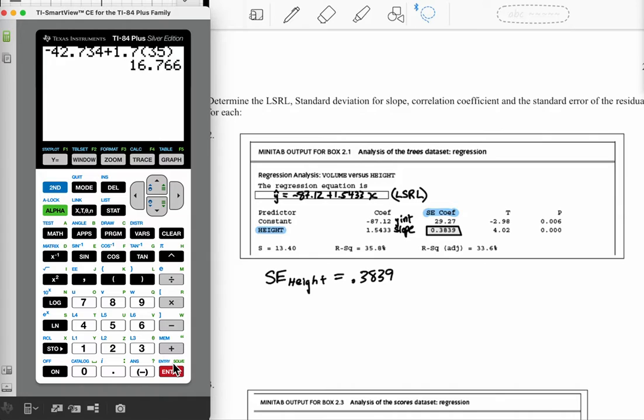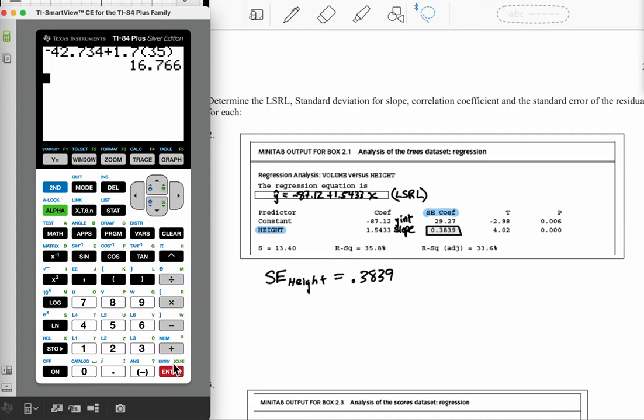So when we say SE height, we would say 0.3839 inches, meters, feet, whatever the units are. So just keep that in mind. Here it doesn't make sense because they didn't tell us, but it will very often be presented to you. So we want to have that information.